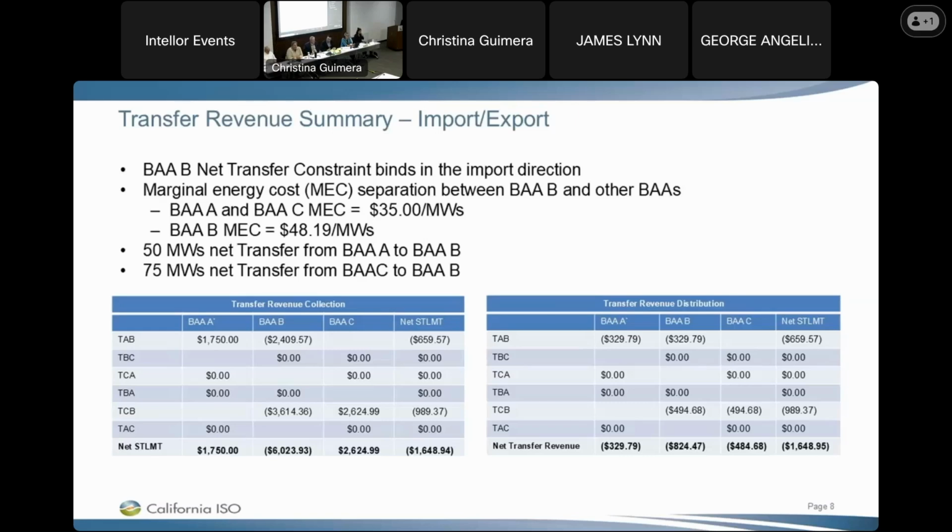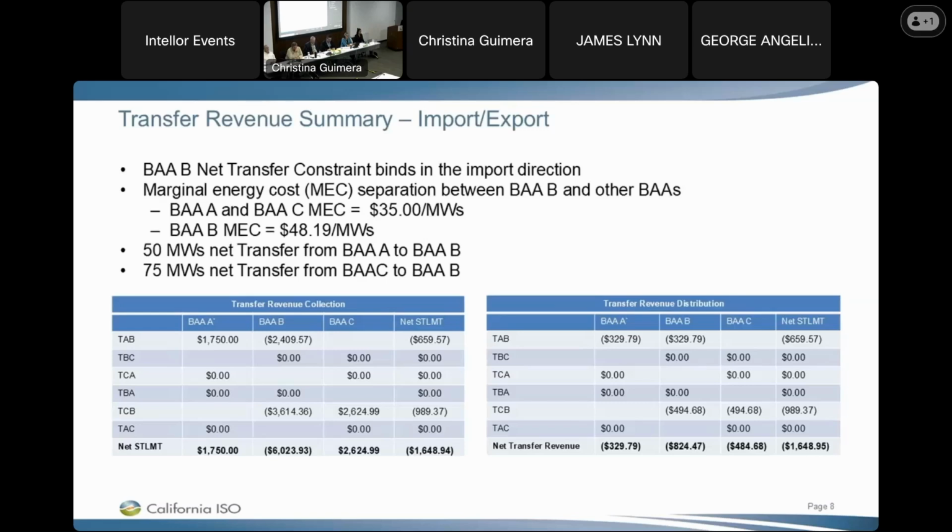So how is it distributed? It is distributed to those BAAs. In this case, it is the default mechanism, which is 50-50. So the $659.57 is split evenly between BAA and BAB to be $329.79 each.